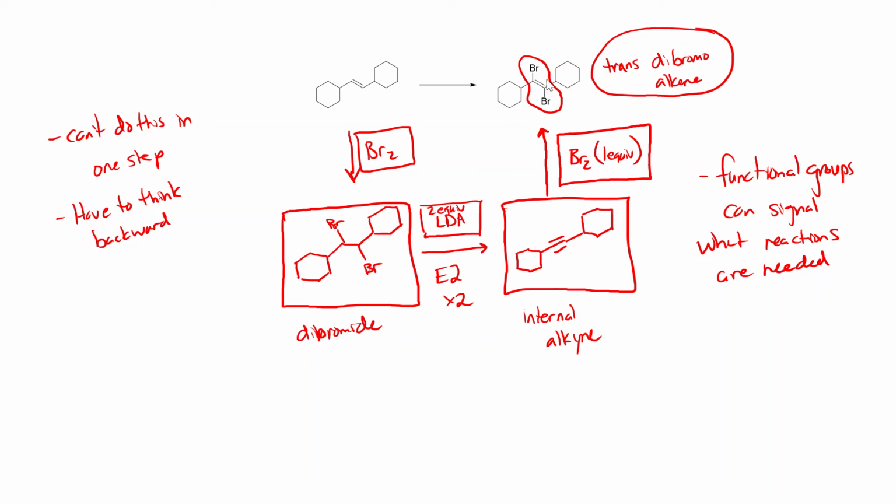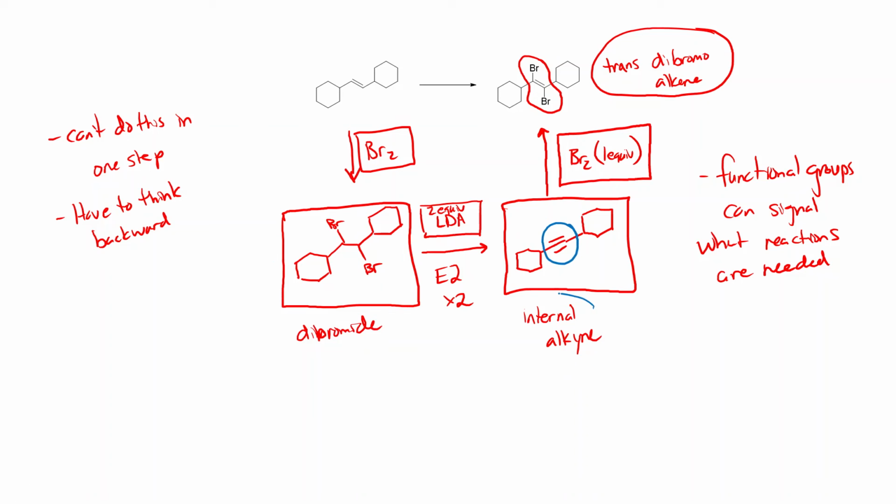Because once we figured this out and said, oh, this functional group indicates what reaction is needed, and that's the bromination of an internal alkyne, now I have another thing that I'm focusing on, right? Now I say, all right, once I draw this structure, now I'm focusing on this functional group.